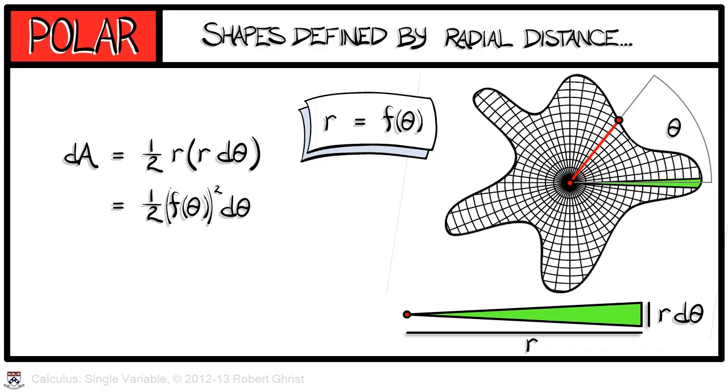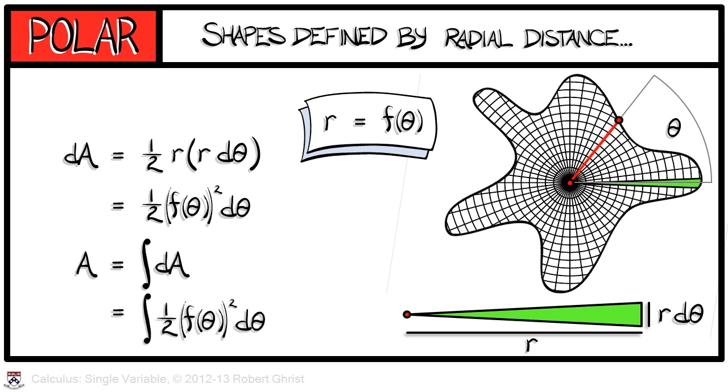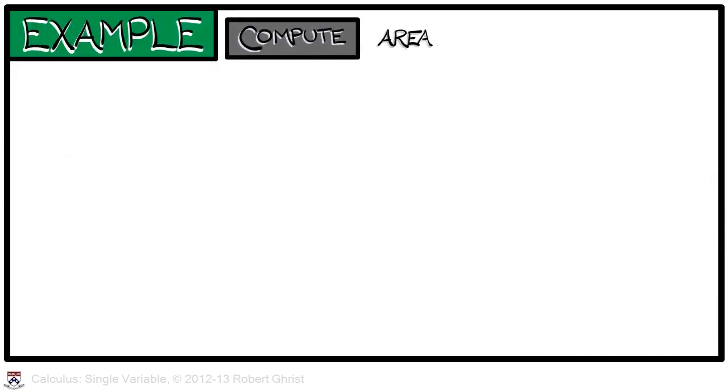And that is 1/2 r squared d theta, but remember r is given as a function, f of theta. Hence, we have something that we can integrate to get the area, that being the integral of 1/2 quantity f of theta squared d theta. Let's explore this in the context of an example.